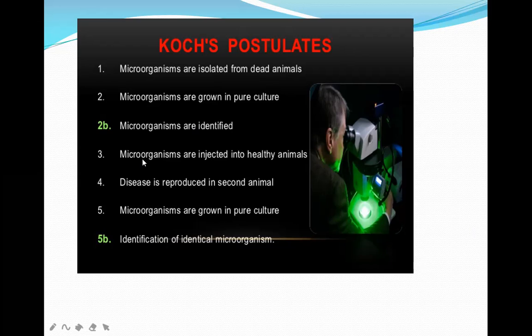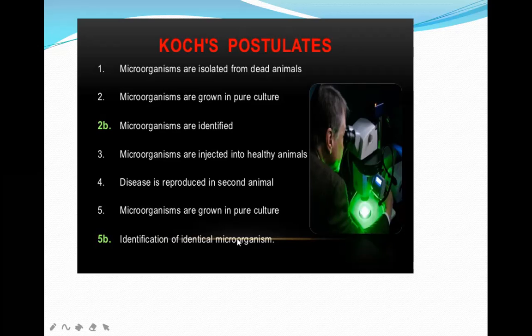In the third step, the microorganisms are injected into healthy animals for confirmation of the pathogenicity test. The disease is reported in the healthy animals. The microorganisms are grown again in pure culture and identified.